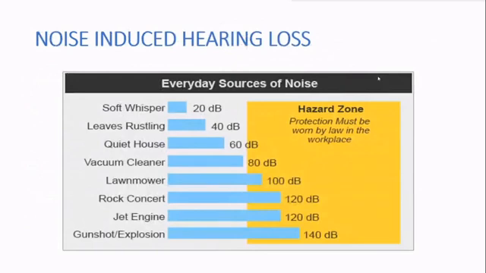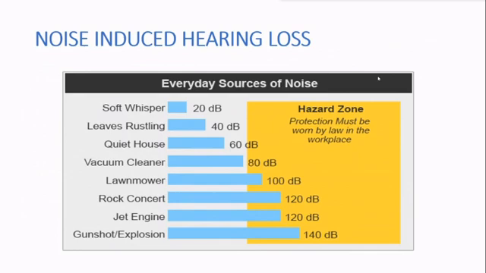So next, I will talk briefly about noise-induced hearing loss. You'll see here the environmental sounds and how they correlate with how high the decibels are. A gunshot or explosion is very explosive, around 140 dB, very, very loud compared to a vacuum cleaner at around 80 dB, which is already loud enough.